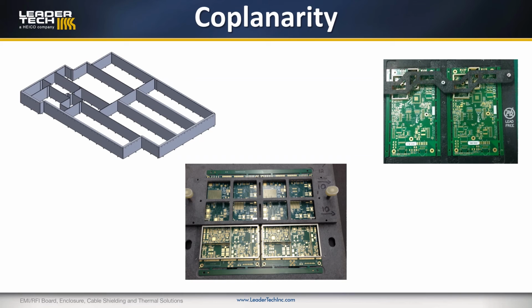So one thing we always try to get our customers to work with and use are fixtures. So these are a couple of examples of board level shield fixtures. So the shield would be placed onto the circuit board along the trace pattern, and then these fixtures are bolted down to hold them flat against the circuit board as they run through the reflow process, and that helps to ensure that you get a good solder joint.